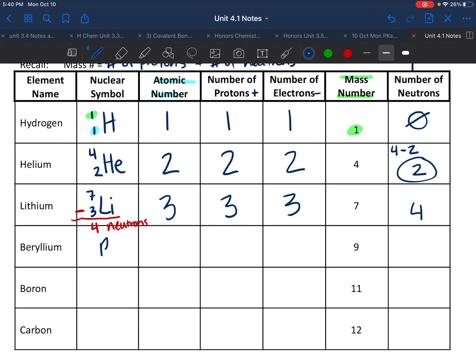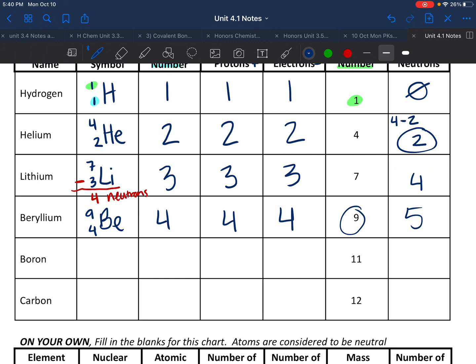Next we have beryllium, Be, atomic number 4. So we place 4 for our atomic number, 4 protons, 4 electrons. We place our 9 on top. And again, if we do that trick, 9 minus 4 gives us 5 neutrons. Boron, number 5. Getting a little repetitive here, which I'm hoping it will be as we're getting the hang of it.